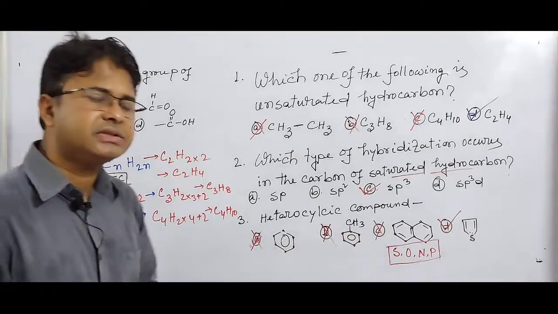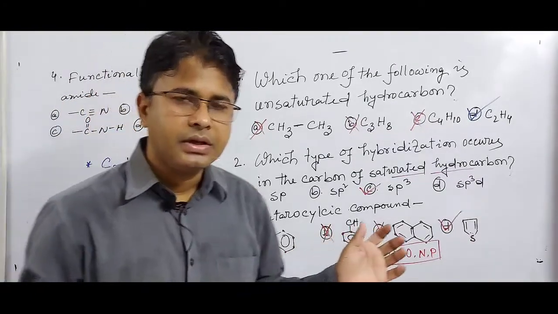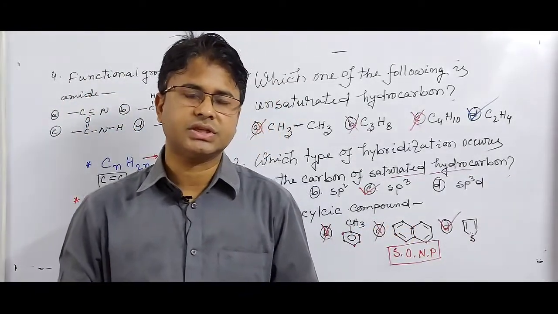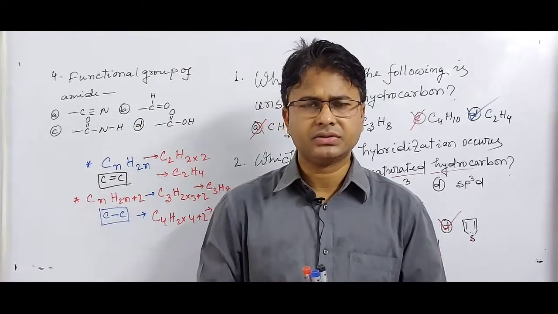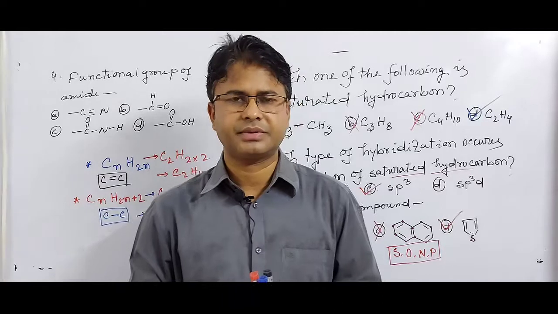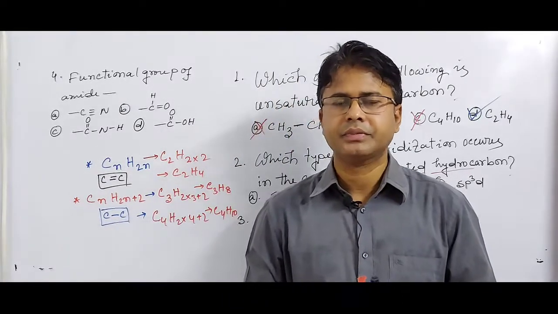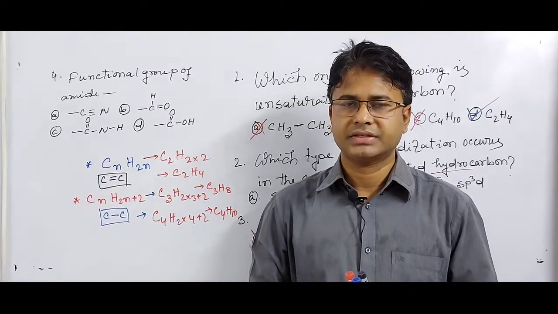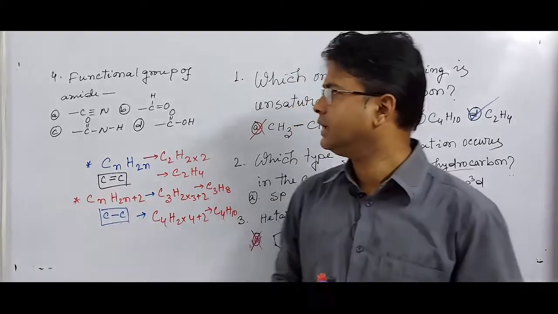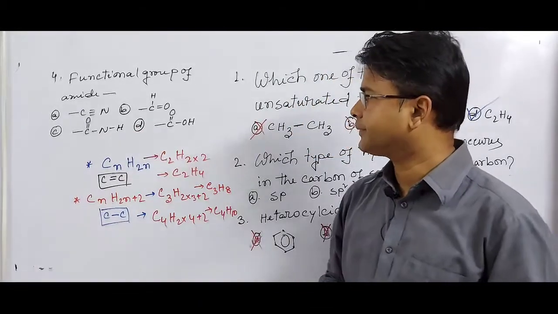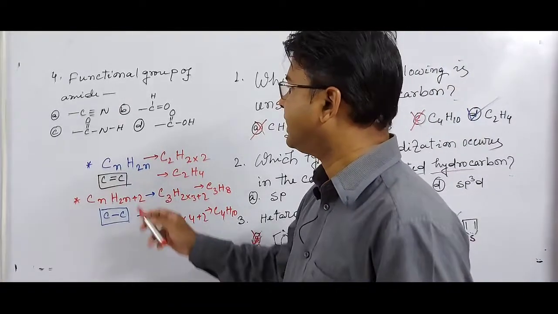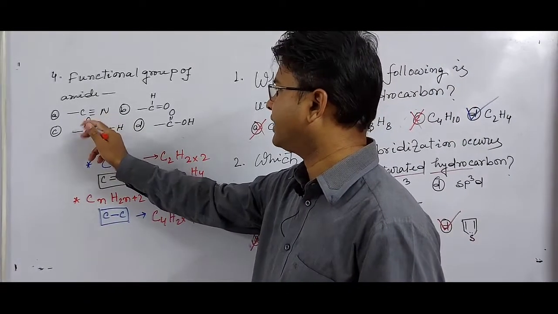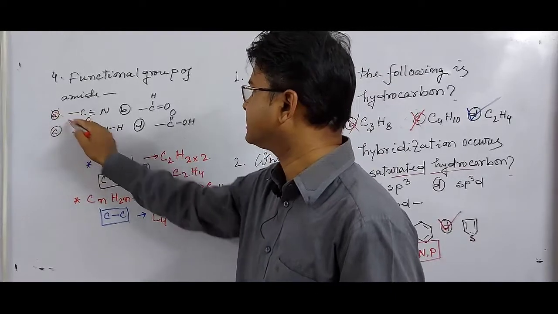Now come to another question, functional group. Dear students, you know that the group of atoms which control the chemical properties and also physical properties of organic compounds are called functional group. Here some functional groups are given. This is the cyano group or nitrile group, so it will not be the answer.